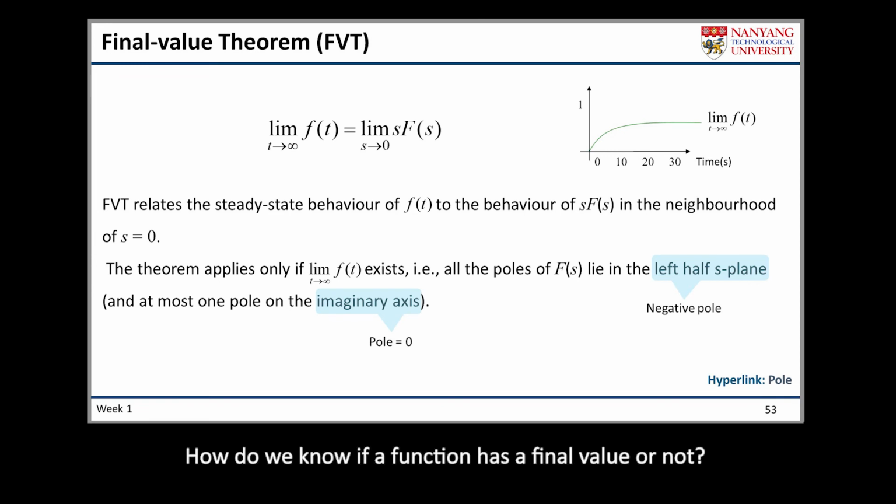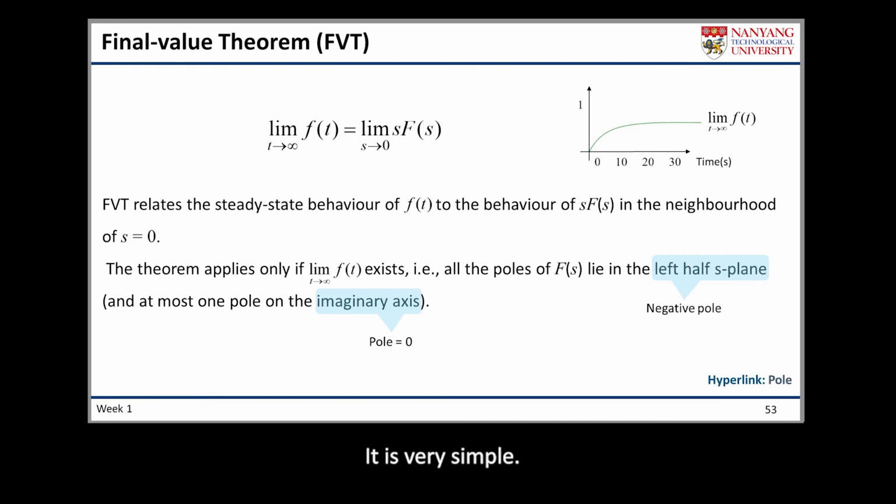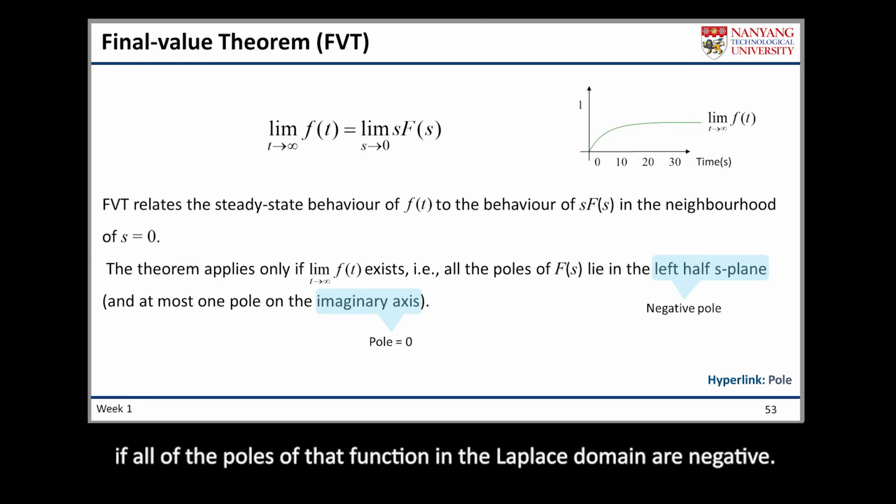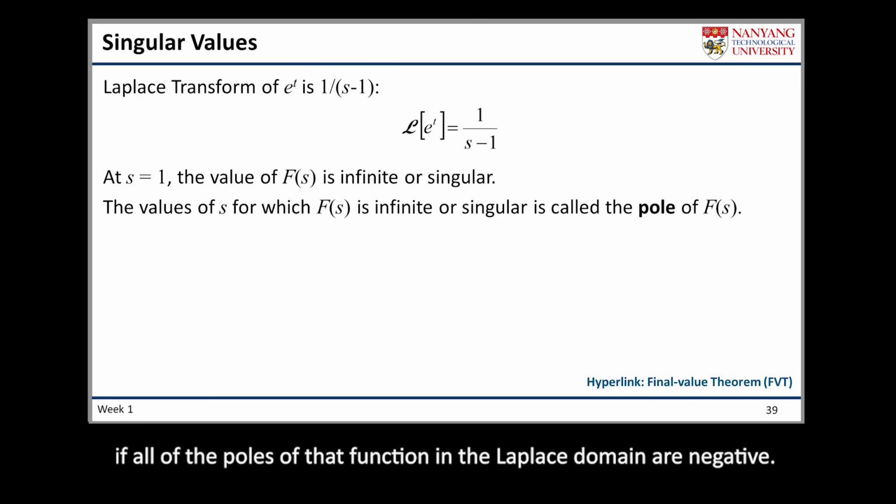How do we know if a function has a final value or not? You know whether a function will have a final value if you know the function in time. But if you only look at the Laplace counterpart of that function, how do we know? It is very simple. A function will have a final value only if all of the poles of that function in the Laplace domain are negative.